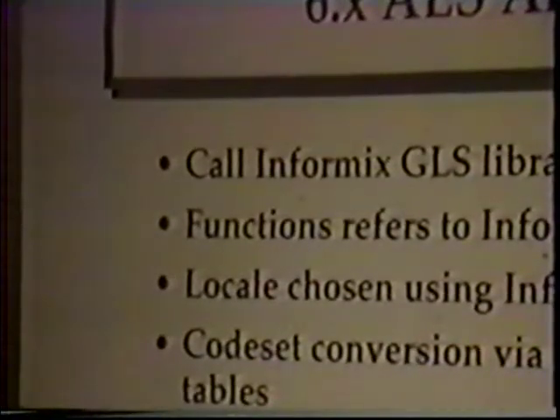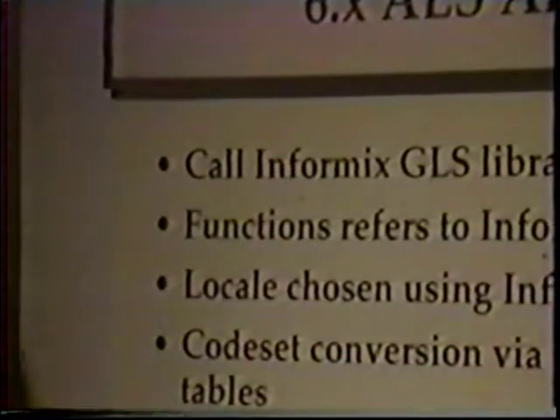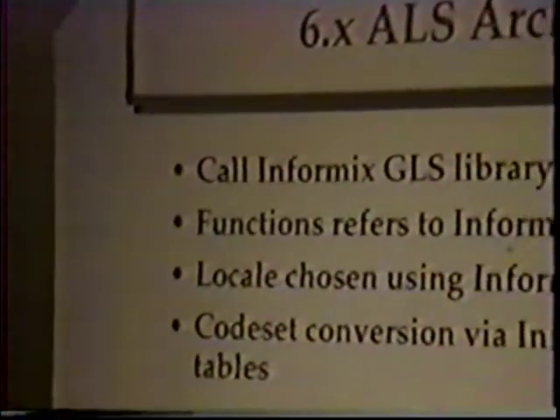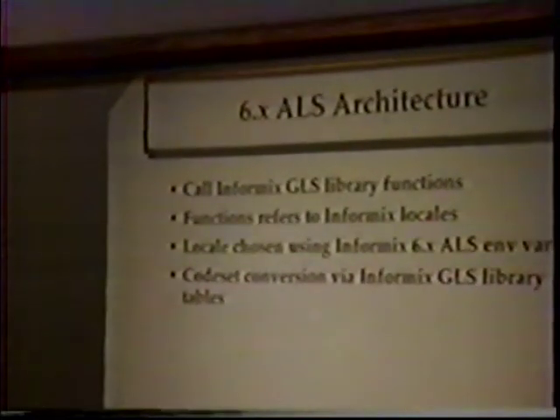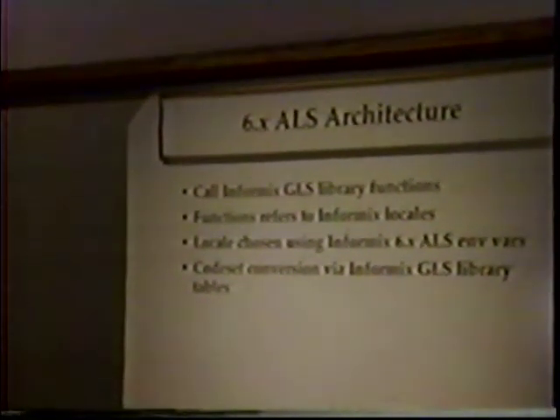The 6.0 ALS architecture changed slightly because at the time that that product was begun, we knew that we were going to put the GLS into 7.2, so we started doing some work toward moving towards that. Instead of calling the ALS functions, we called the GLS functions. Okay, those functions refer to Informix GLS locales, not operating system locales.